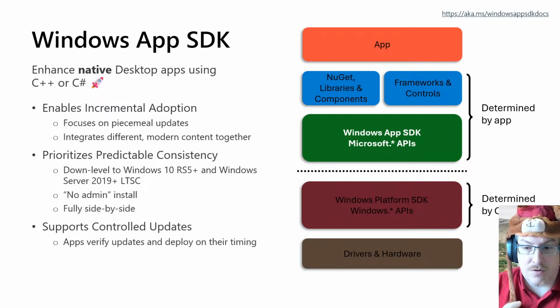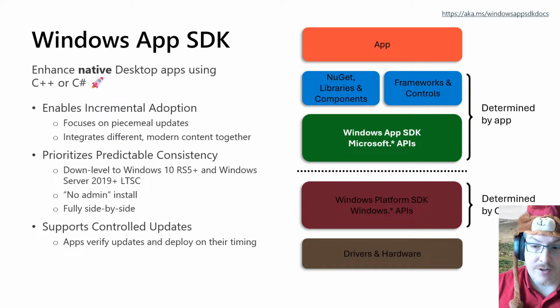It also is available on Windows 10 RS5 and above, and Windows Server 2019 long-term servicing. It doesn't need an admin install, so you can have your application take these new modern features in the Windows App SDK and still target all your users across these different versions of Windows. And it gives you power now to update this library and take on these new features within the SDK whenever you're ready to within your app.